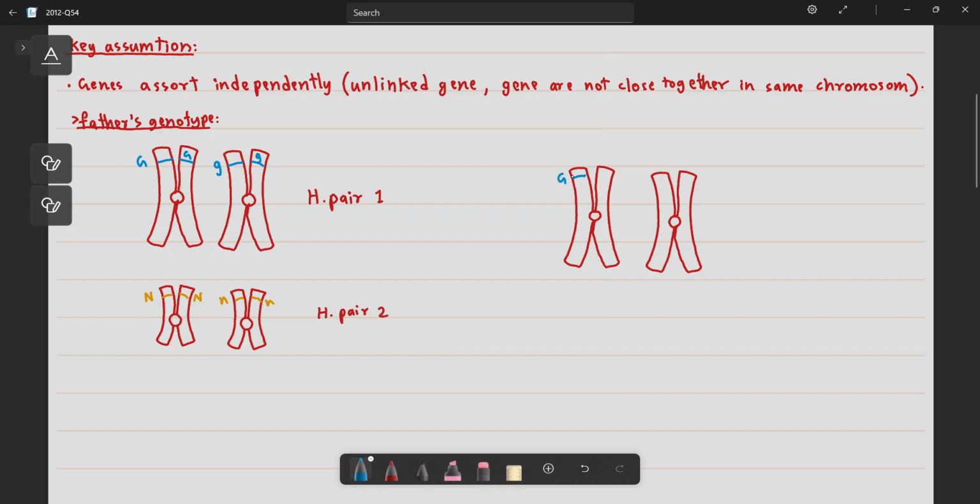For example, I have a dominant gene in this chromosome, and I have the recessive gene in the other chromosome.